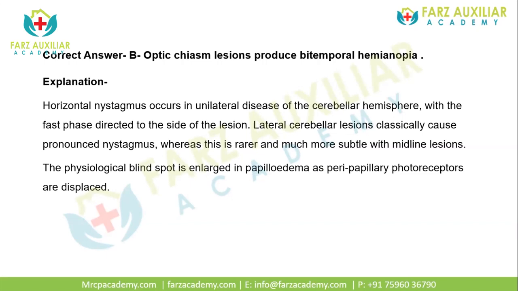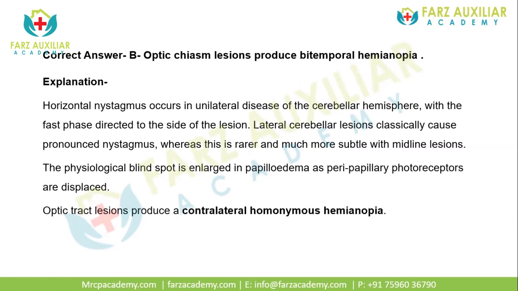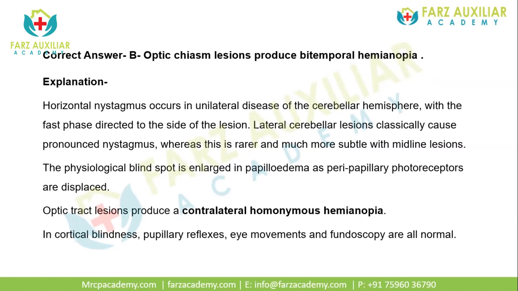The physiological blind spot is usually enlarged in papilledema as peripapillary photoreceptors are displaced. Optic tract lesions produce a contralateral homonymous hemianopia. And in cortical blindness, remember that the pupillary reflexes, eye movements, and fundoscopy are all normal.